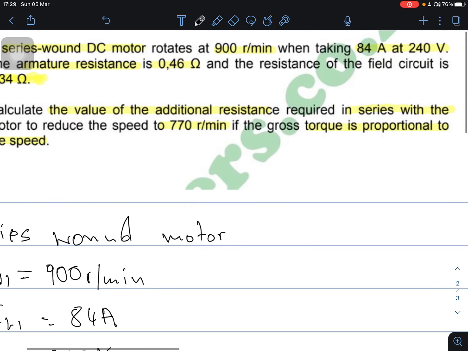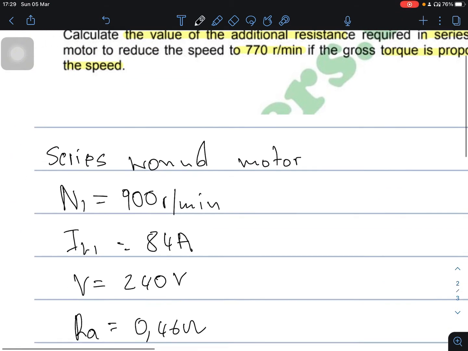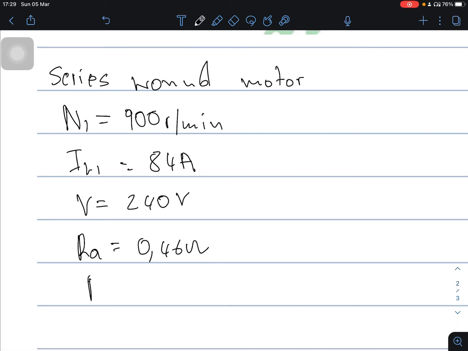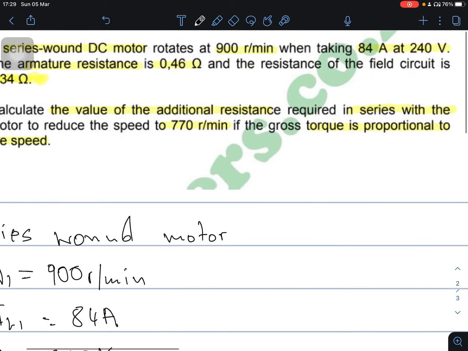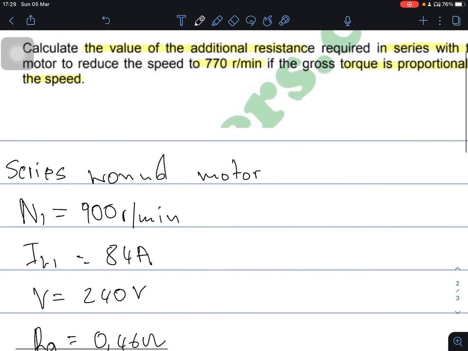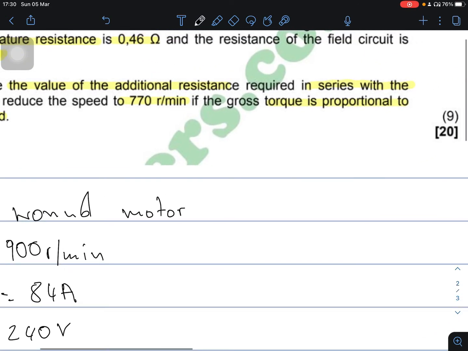Then the resistance of the field circuit, which is R series, is 0.34 ohms.